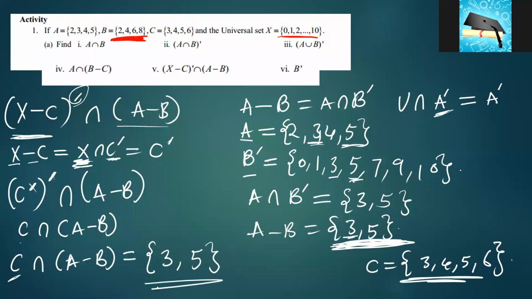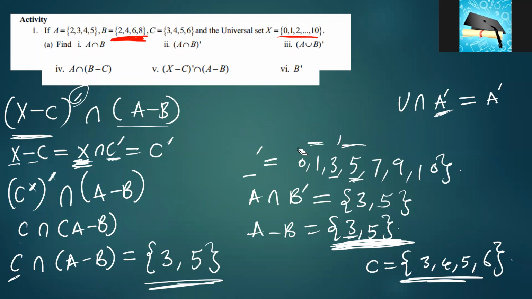So this is our C intersection A minus B. Therefore, you can conclude that X minus C complement intersection A minus B, the answer is simply 3, 5. Do we have any questions on this one?